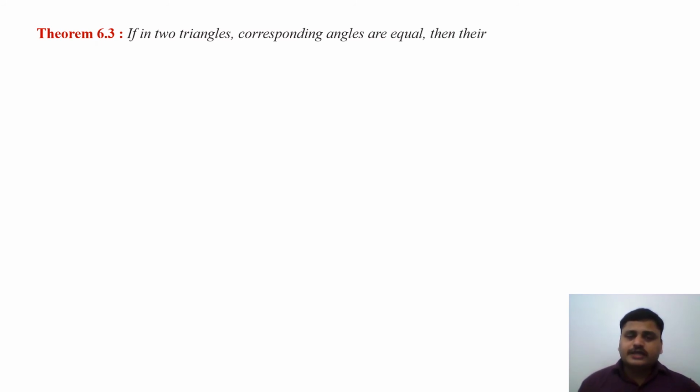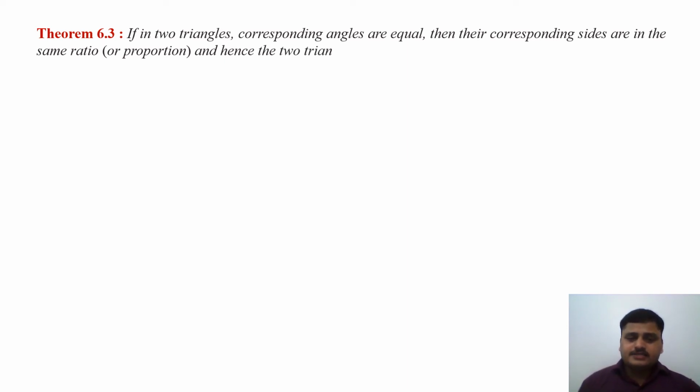If in two triangles corresponding angles are equal, then their corresponding sides are in the same proportion, and hence the two triangles are similar.